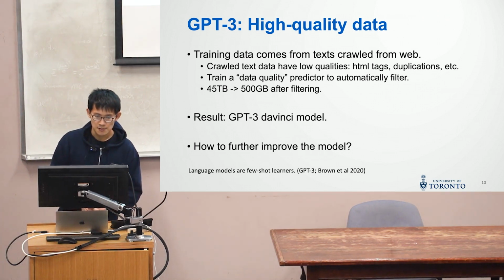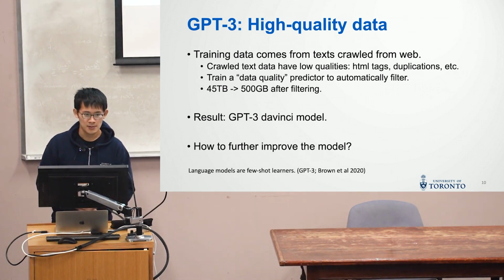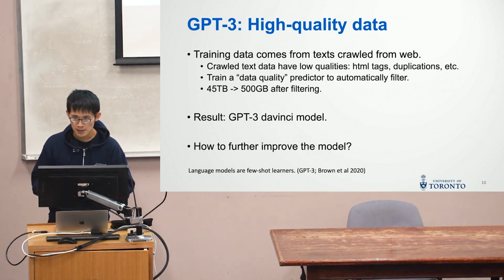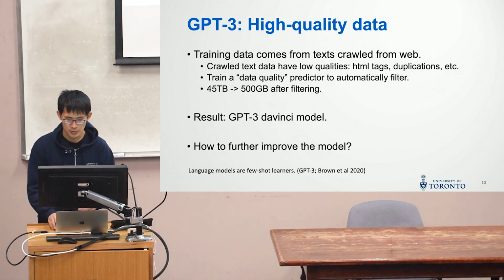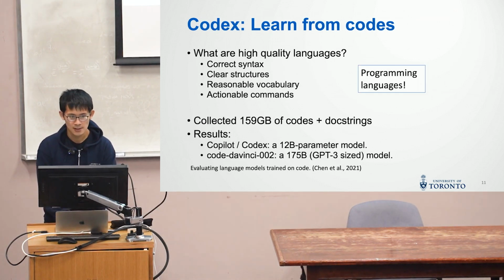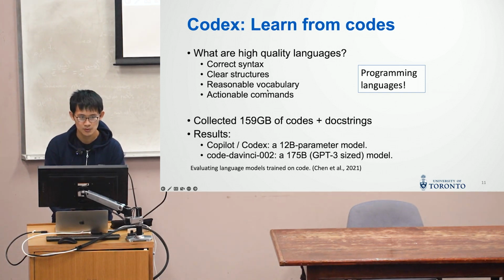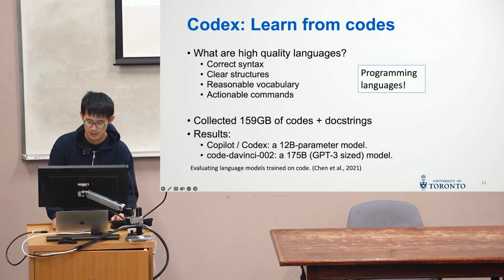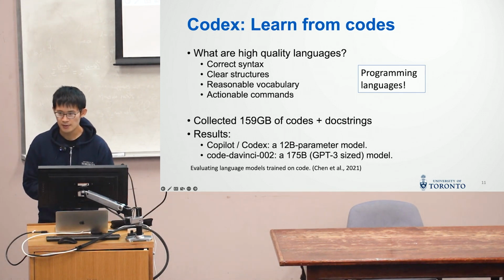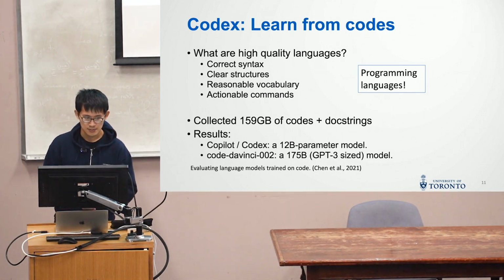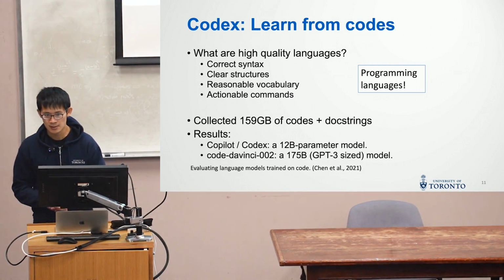This is something that different companies consider differently, and there are some rules. For example, you can compute heuristics like correct syntax, clear structure, and reasonable vocabulary, and the text should be healthy and not toxic, and also less repetitive.